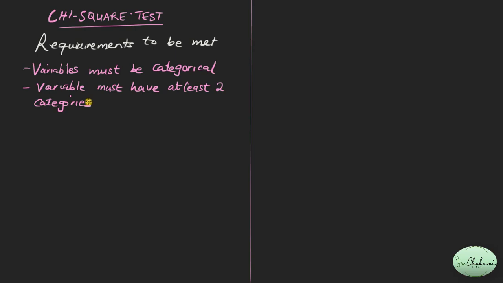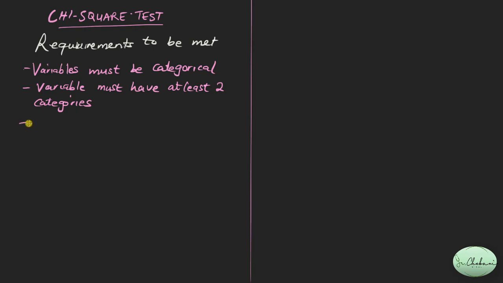Maybe you have high income, middle income, and low income. So those are 3 categories. A variable like gender has 2 categories, male and female. It can be made into 3 categories or even more if you have male, female, other. So that's what we mean.